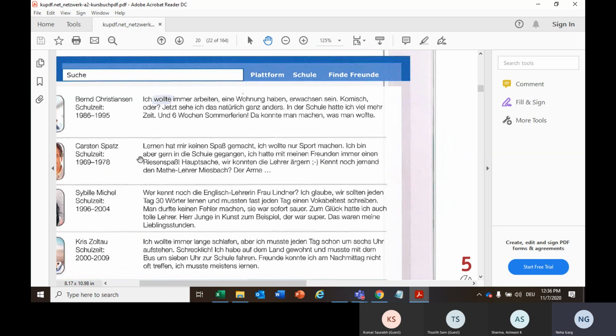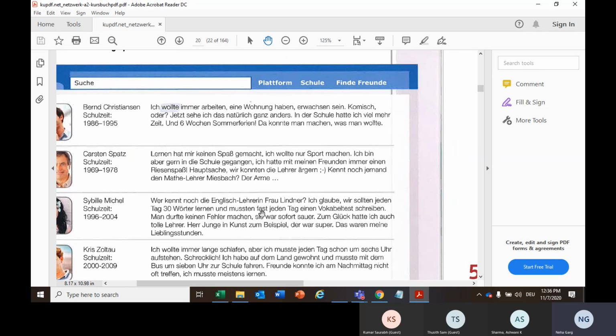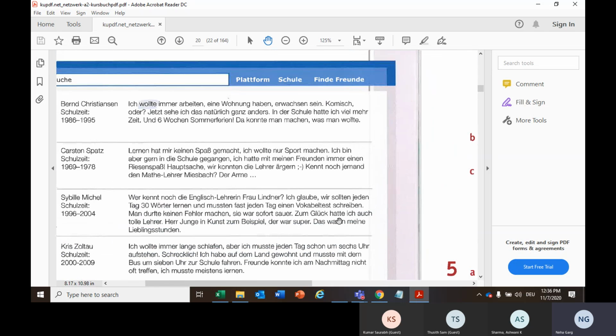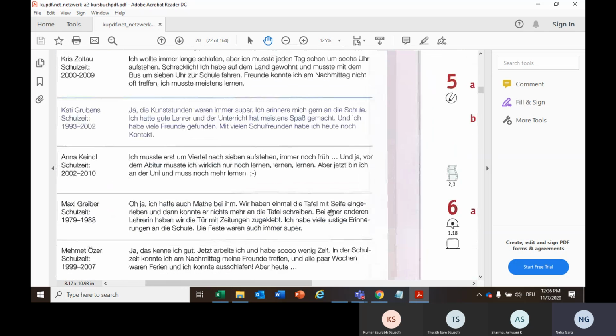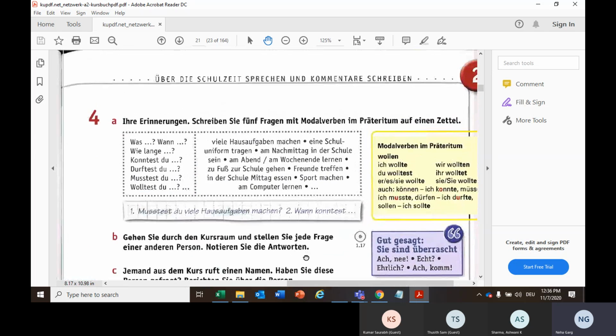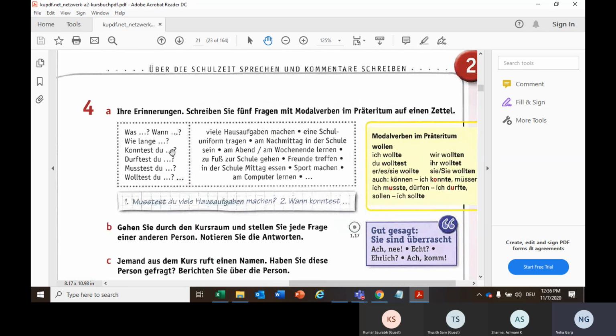So now the main purpose of reading these texts was to understand where and how we use past tense in modal verbs. Now let's quickly do one more exercise. Here, Aufgabe 4a.